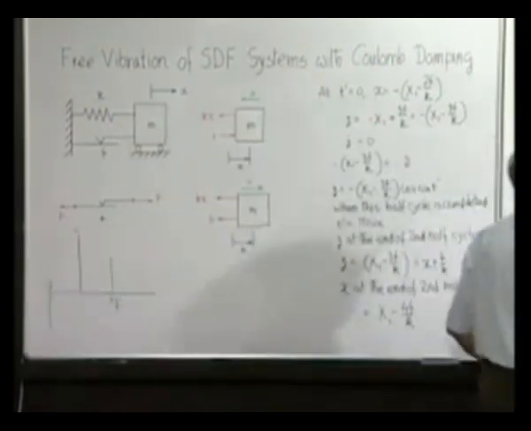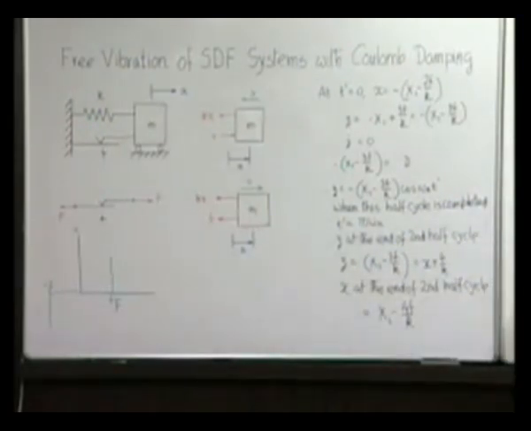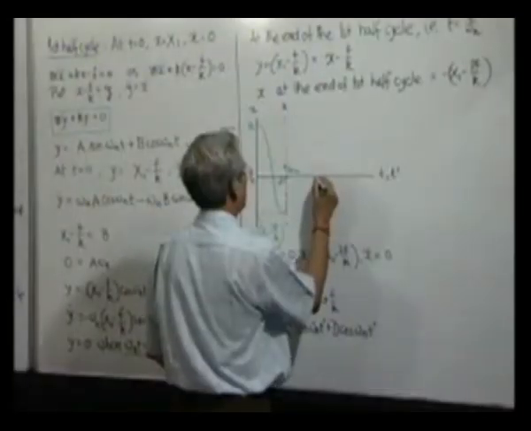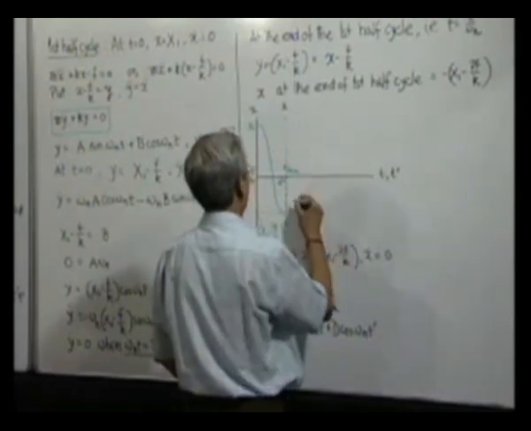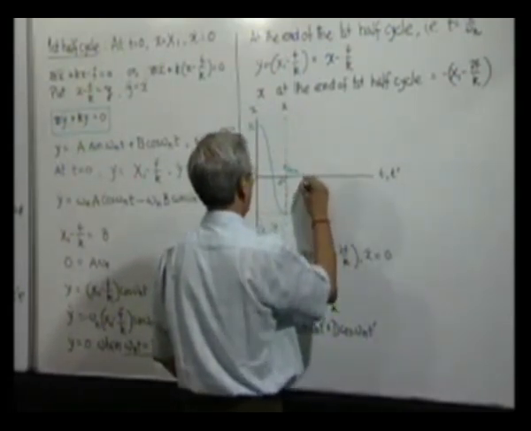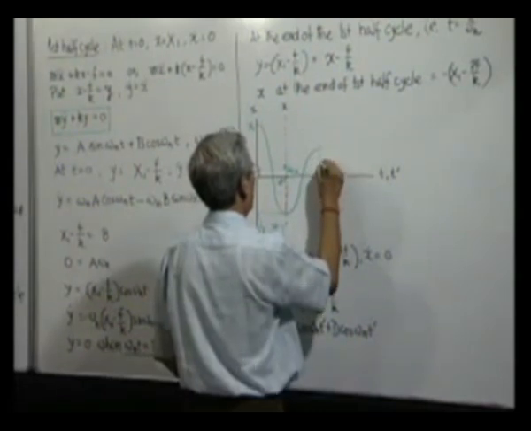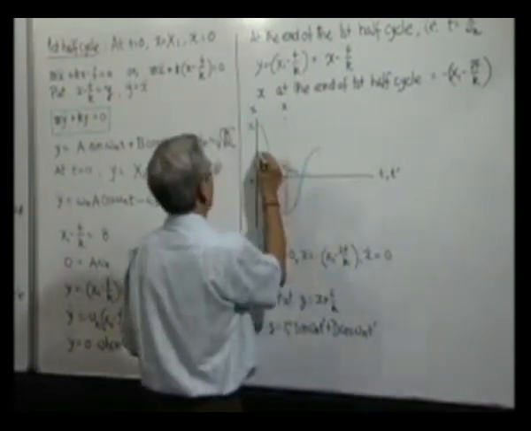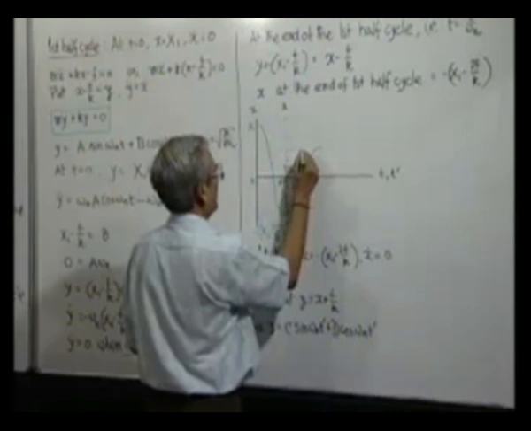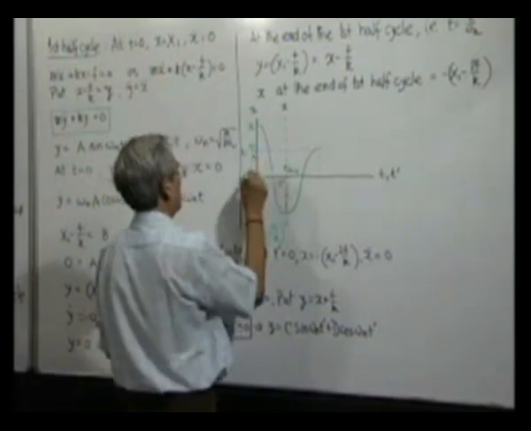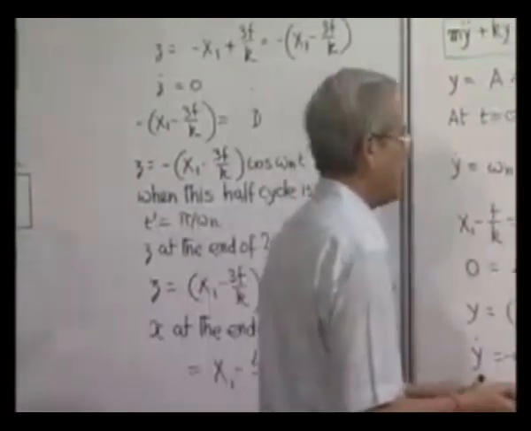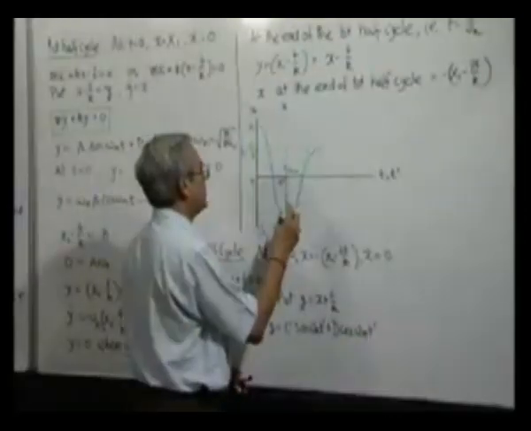So, when you plot it, again the peak value of this displacement reduces by 2f by k.